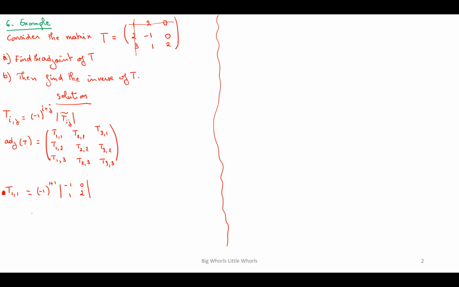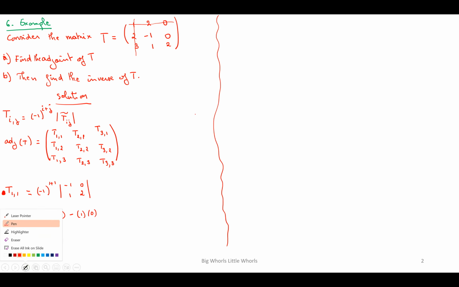Okay, so this is equal to 1 multiplied by the determinant of this matrix, which is minus 1 times 2 minus 1 times 0, which is equal to minus 2. So T11 equals minus 2.